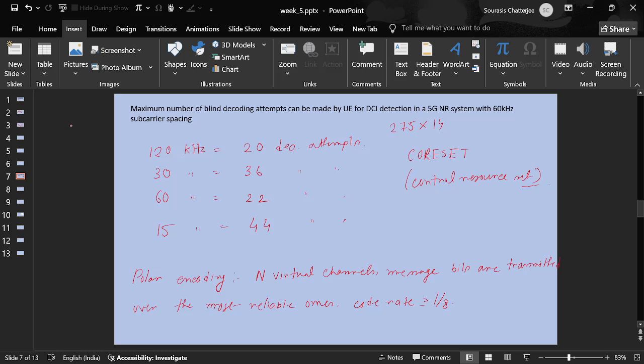Okay, so what is the mother code rate for the polar encoder? I think there is no mother code rate here.